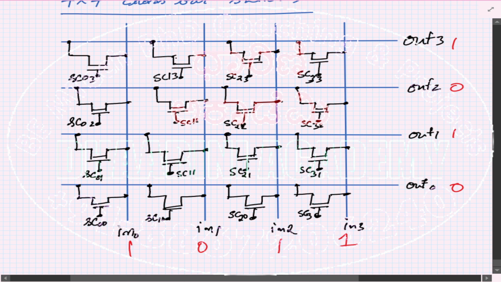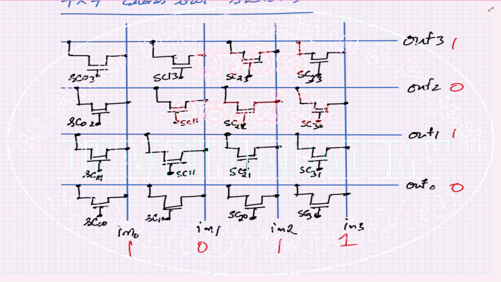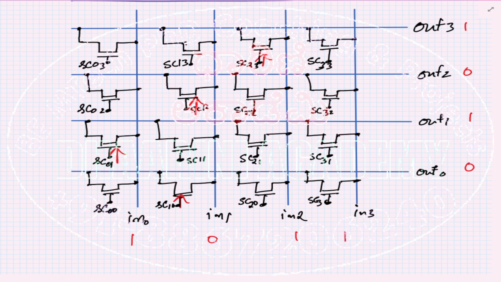What is the control signal that you are going to give? Which switches are you going to activate so that you pass on the required data to the output?